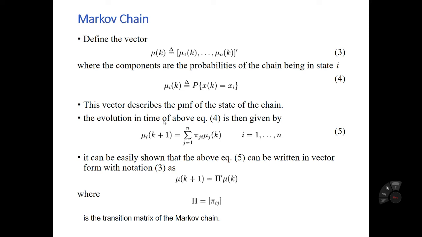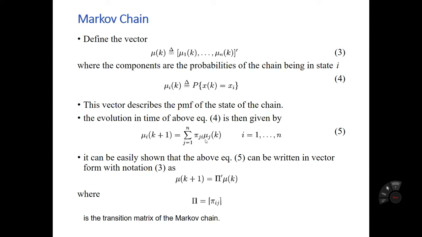The evolution in time. Evolution means we are updating. How do we update the probability? The equation number 4. The evolution in time of the above equation is then given by ui of k plus 1, which means the probability of the object for the next time scan is the sum of pi ji and ui of k.